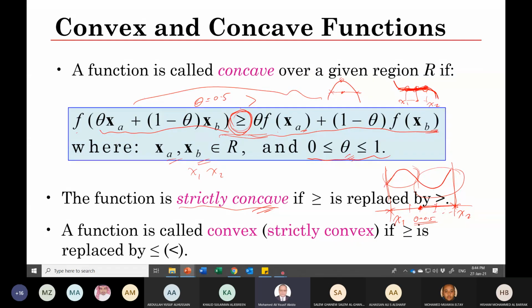So whatever theta is within this range, if this is valid, then the function is concave. Otherwise, we cannot say the function is concave over this range. In conclusion, theta can take any value between 0 and 1.